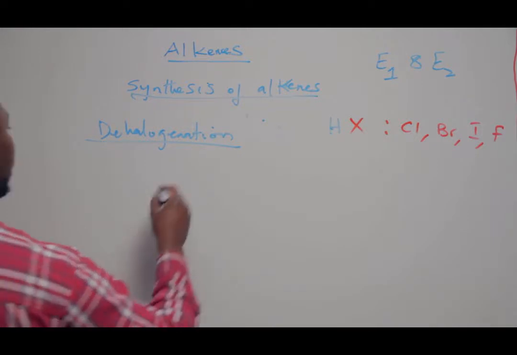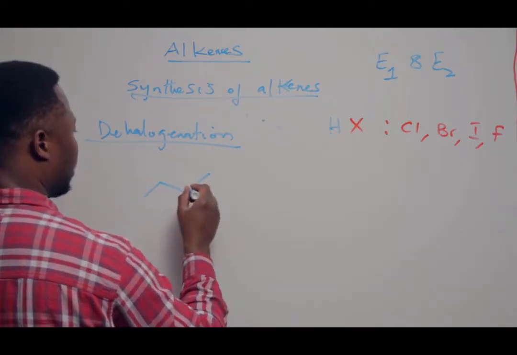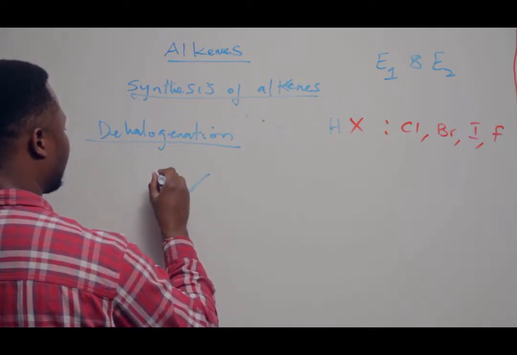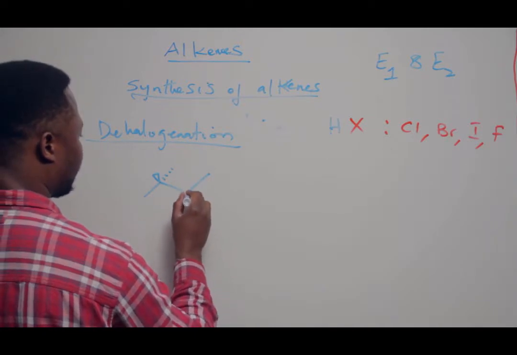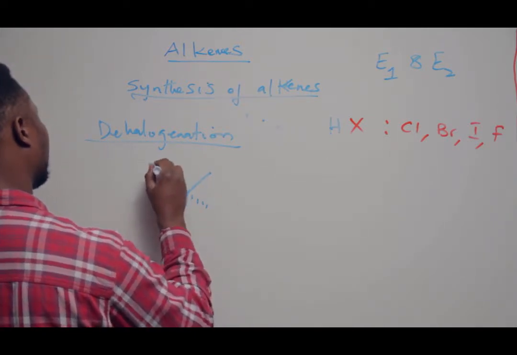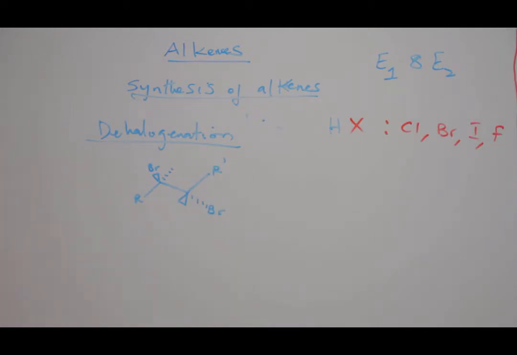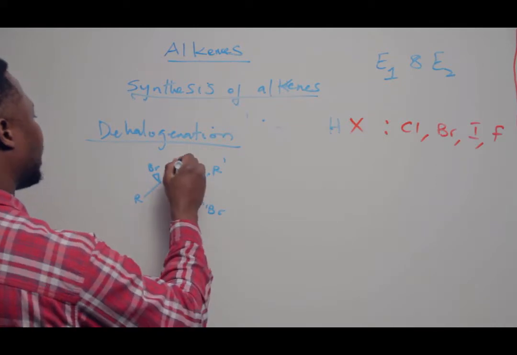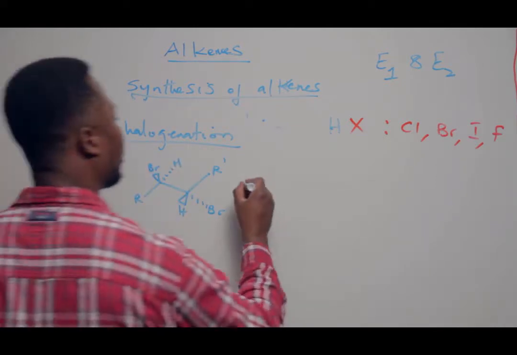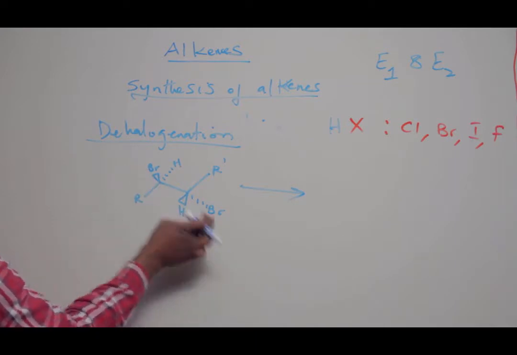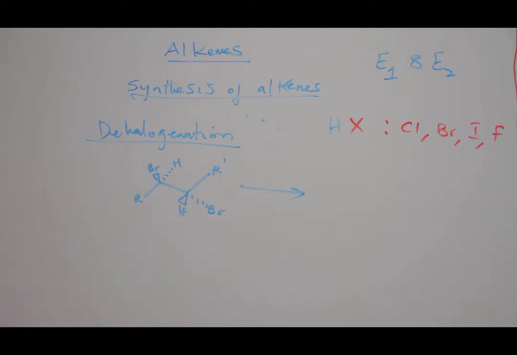Let's pretend we have an anti-addition product, bromine here, and some R group and an R prime, we don't really care. We got H here, we got H there. So we have two bromines, and we want to eliminate them to synthesize an alkene.